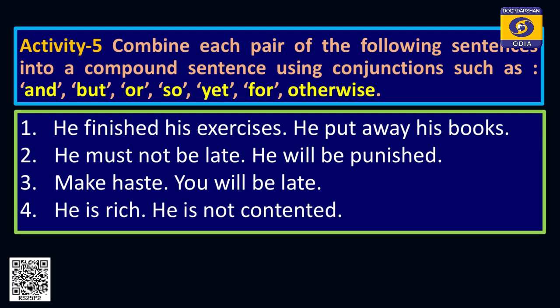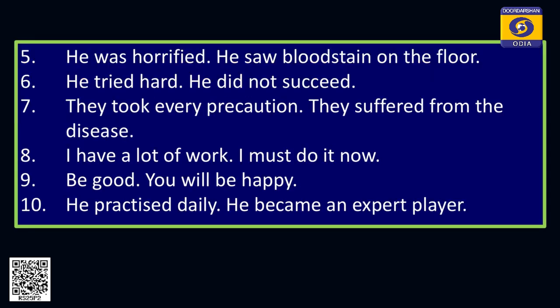Number 2, he must not be late, he will be punished. Make haste, you will be late. He is rich, is not contented, right. He was horrified, he saw blood stain on the floor. He tried hard, he did not succeed. They took every precaution, they suffered from the disease.